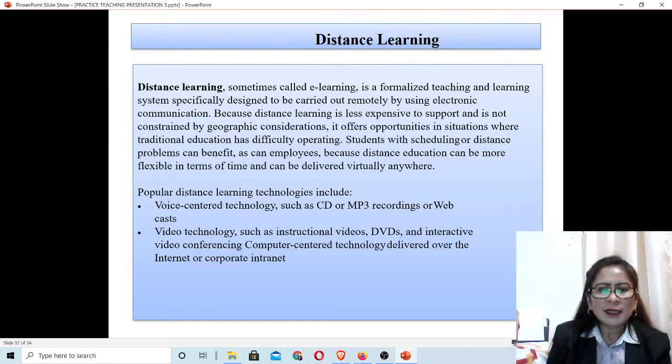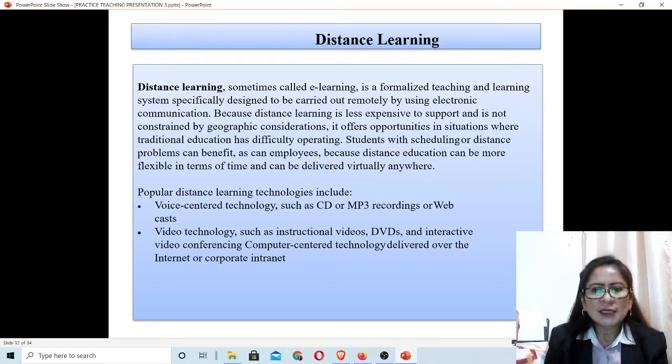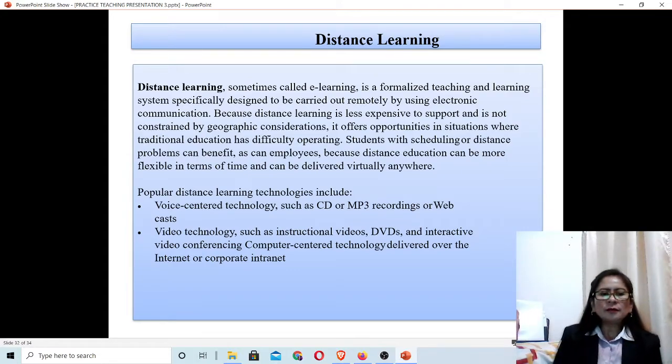Because distance learning is less expensive to support and is not constrained by geographic considerations, it offers opportunities in situations where traditional education has difficulty operating. Students with scheduling or distance problems can benefit, as can employees, because distance education can be more flexible in terms of time and can be delivered virtually anywhere.